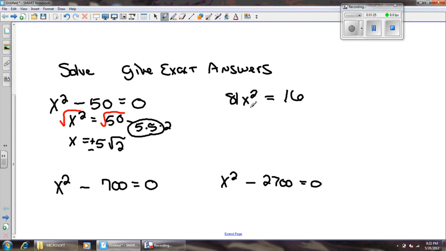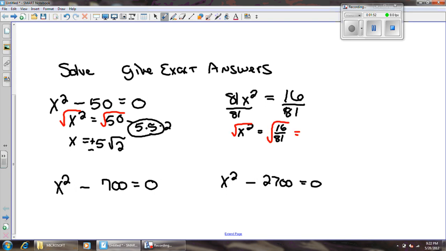Okay, the next one is 81 x squared equals 16. First thing I'm going to do is divide each side by 81. I don't believe that there are any common factors in 16 and 81. I'm checking mentally, I don't see any. So I'm going to have x squared equals 16 over 81. If I could simplify it, I would. I can't, so I'll take the square root of both sides.